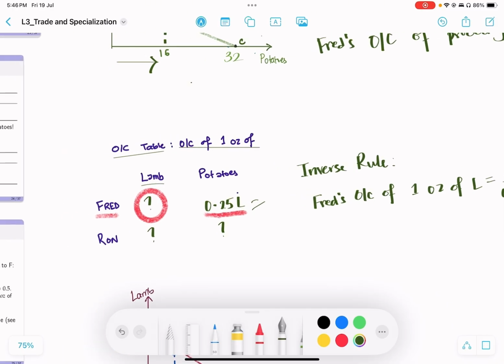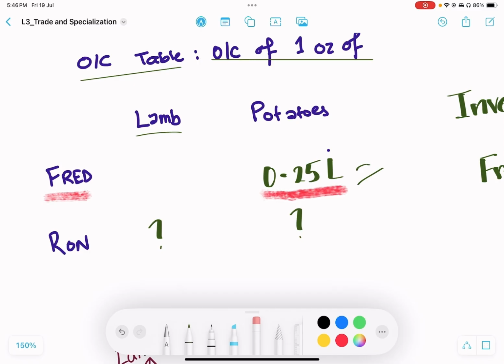So really what you're doing is, if I were to go to the opportunity cost table, let me just fix this now. This is the trick. So if I ask you to show the working, this is how you're going to be showing the working. You're going to do 1 divided by 0.25 is equals to 4 potatoes, right?